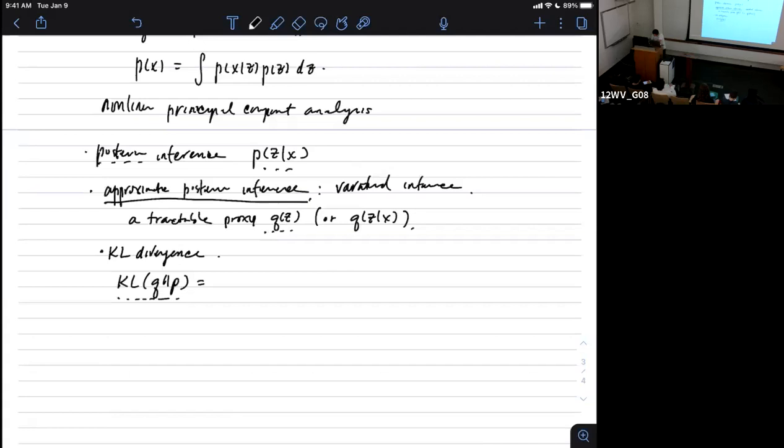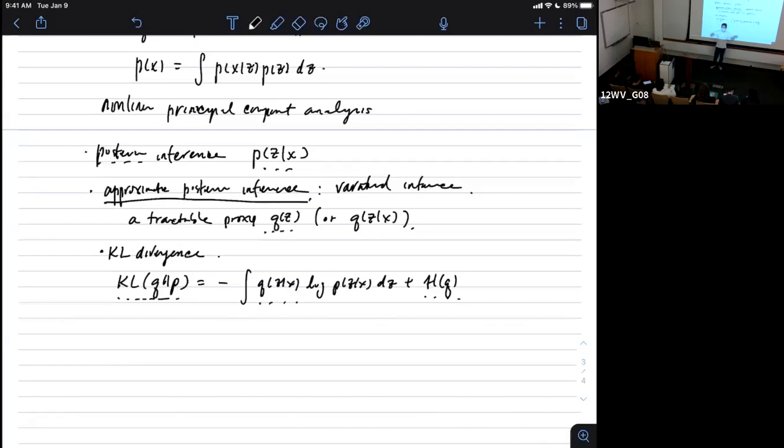Then it's defined as the negative expectation of log P of C given X under the proxy distribution plus the entropy of this proxy distribution. Well, let's try to look at it separately. So the first one, let's think about this expectation. What this expectation says is that we're going to go through all possible values of C, but we are only interested in Z's that are highly likely under our proxy distribution.